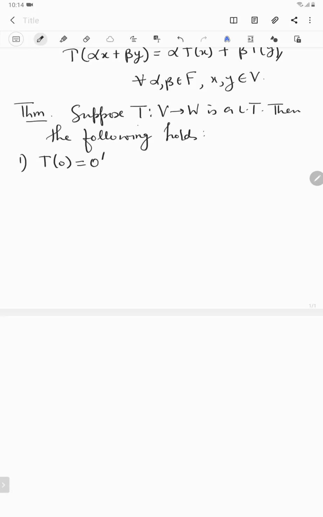The 0 on the left side represents the zero vector of V, and 0 dash on the right side represents the zero vector of W. Number two, T of minus x is equal to minus T of x, where x is in V. Third, basically the third property is a direct consequence of the second property.